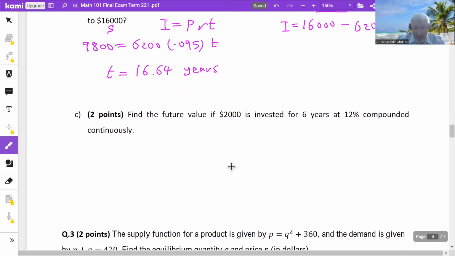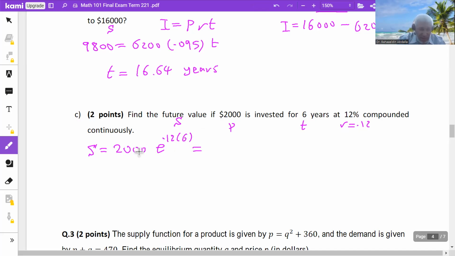Find the future value, S, if 2000 is invested for 6 years, at rate 0.12 compounded continuously. We said that the formula is S equals P e to the power rT. So P is 2000 times e to the power r times t, so 0.12 times 6.